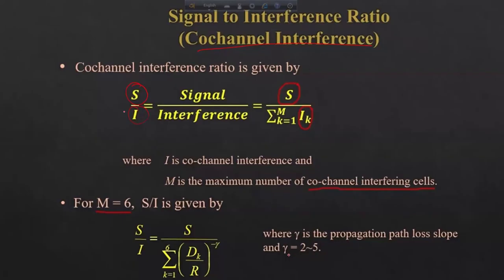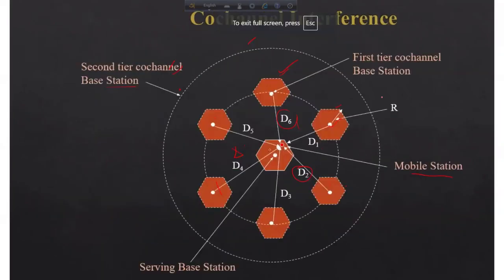Now the co-channel interference ratio is given by this equation: signal divided by interference. Signal is denoted by S and interference is denoted by Ik. Now the value of k. Say for example, this is my serving station, which is transmitting a signal whose power is S.